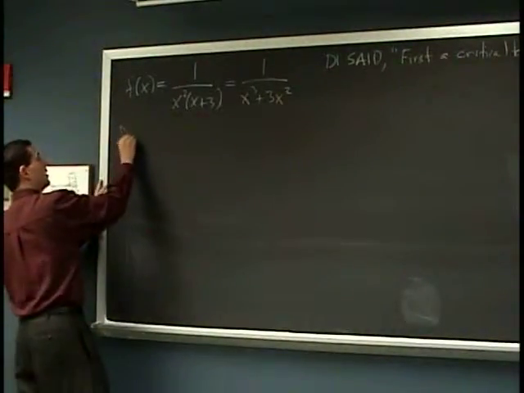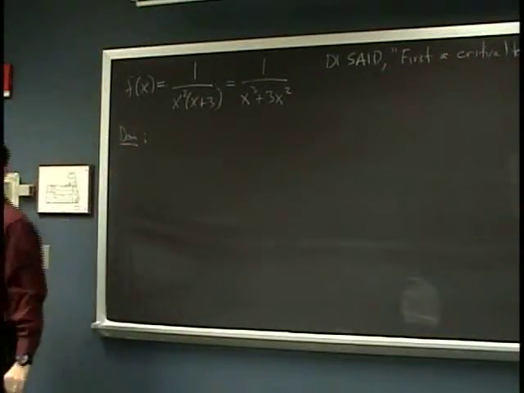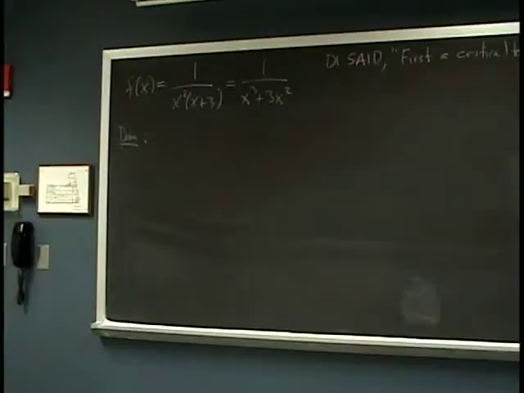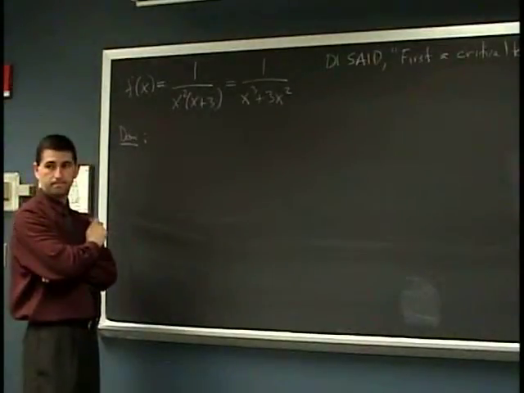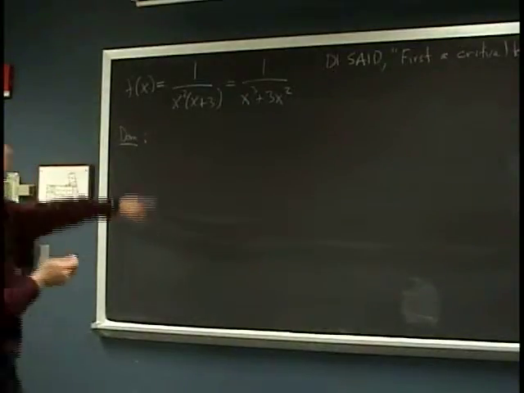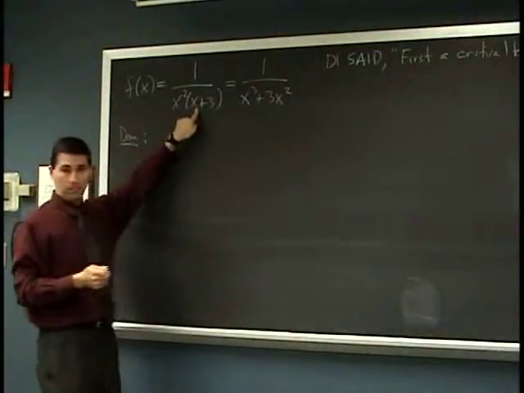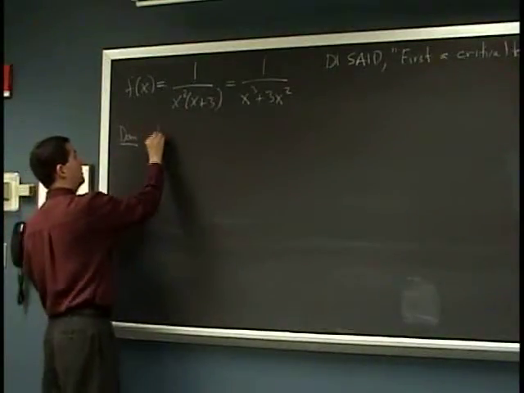Let's check out the domain. So what is the domain of this function? Well, where do we get problems? -3 is going to be a problem. Where else might we get a problem? 0. Okay.